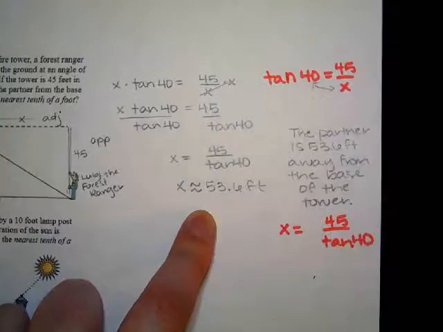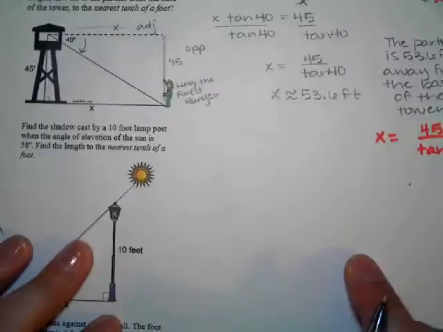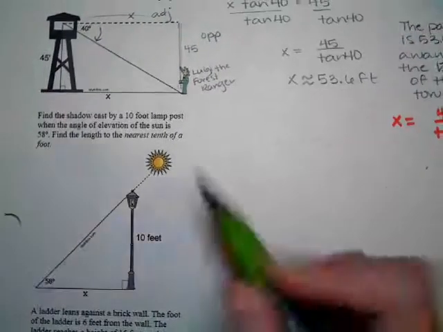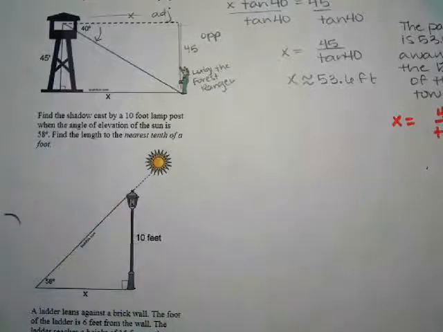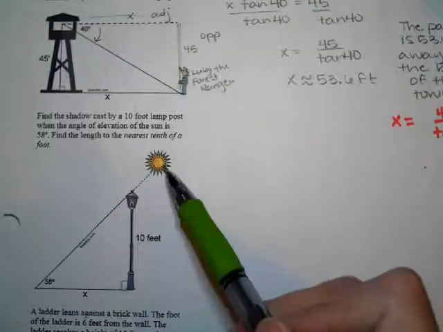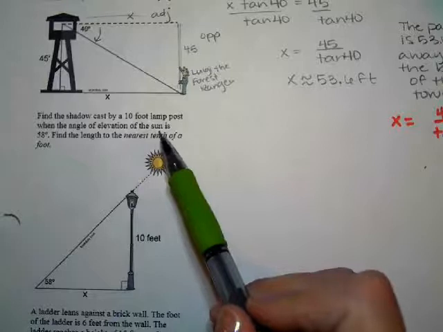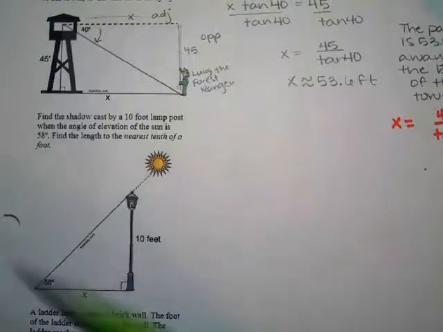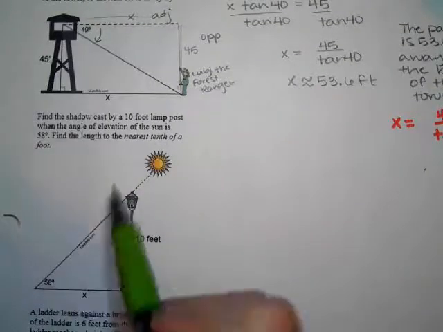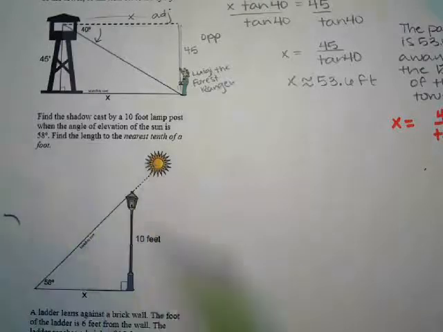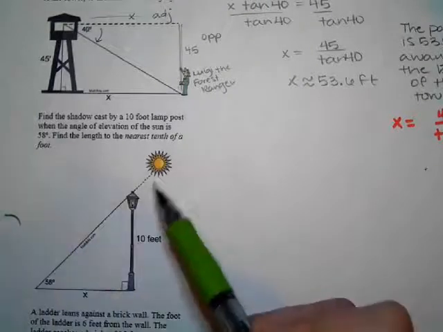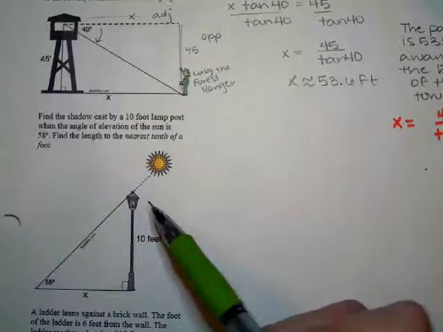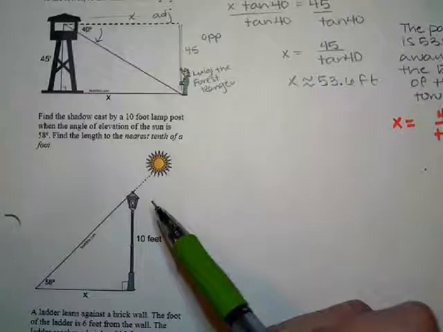Let's go ahead and do the next one. Find the shadow cast by a 10-foot lamp post when the angle of elevation of the sun is 58 degrees. What I want you guys to do is either highlight this, grab a marker, circle it, do something. This is a very common problem, and it's very common to be worded this way.